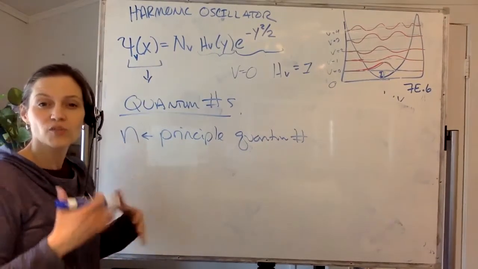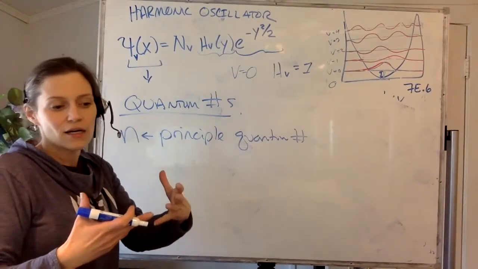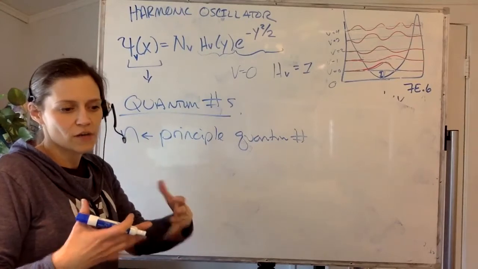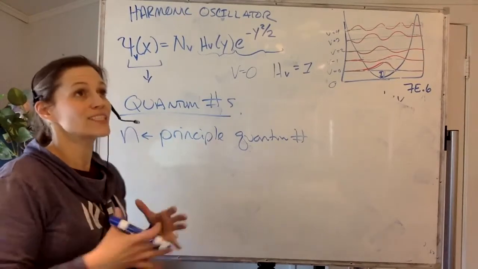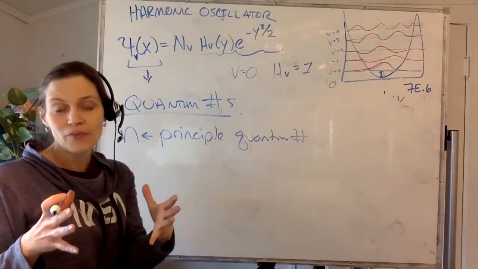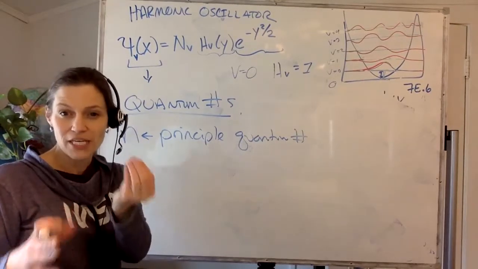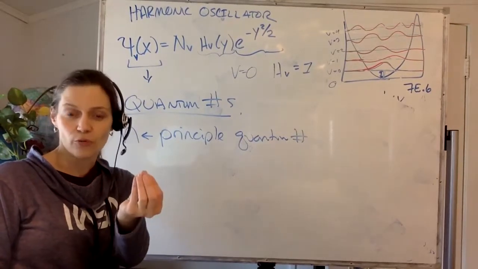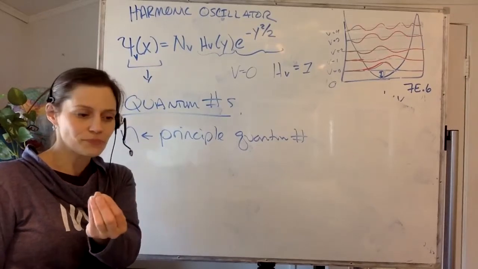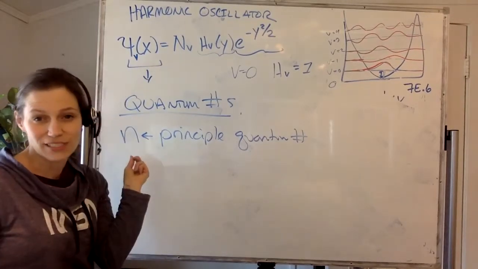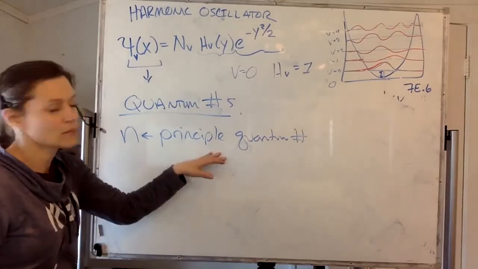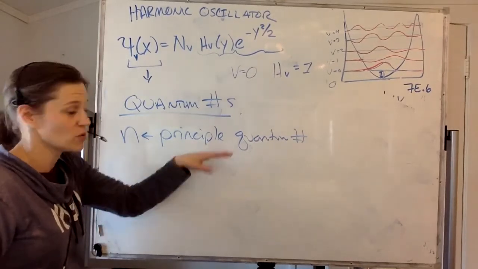In the particle in a box, we're starting to gain information associated with quantum state, or I want to say like the hydrogen atom. But at this point, we still don't have a potential energy that's due to the Coulombic force or the Coulombic potential. And so N is the closest thing we've got to it so far. But this is going to be known as the principal quantum number.